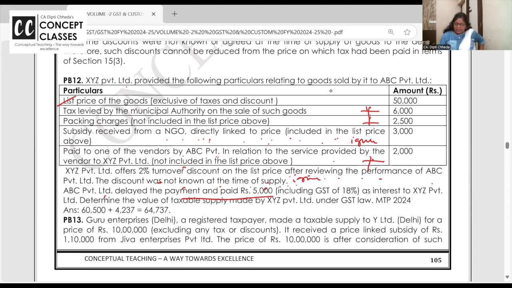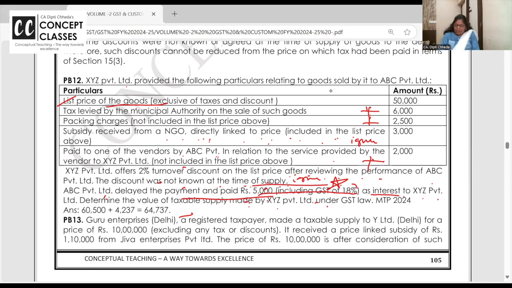ABC Limited delayed the payment and 5,000 including 18% tax is charged as interest. Now this 5,000 is including tax and the list price is excluding tax. Very nice question. This interest we have to add back.